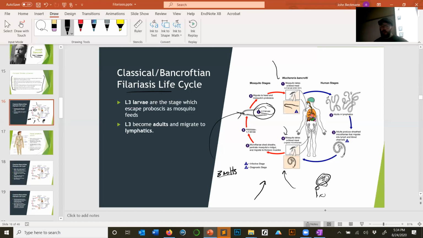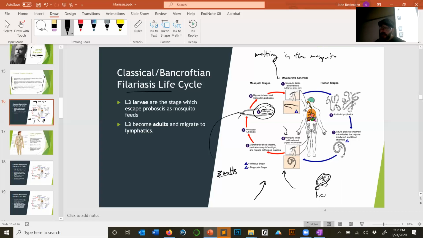One important thing here is they're not completing their sexual life stage in the mosquito. They're molting in the mosquito. So they're growing, they're feeding, they're shedding their exocuticle, which is the molt, becoming a later instar in insect terms, but these are not insects, so we just call them larvae.